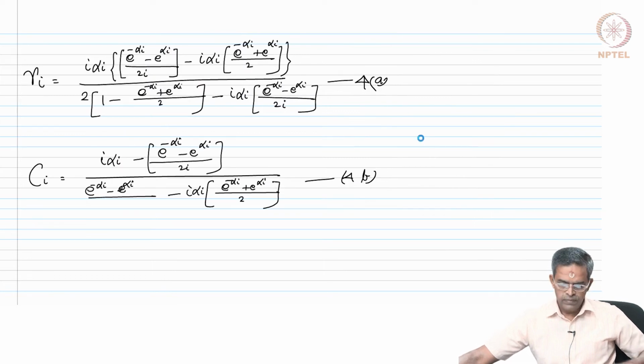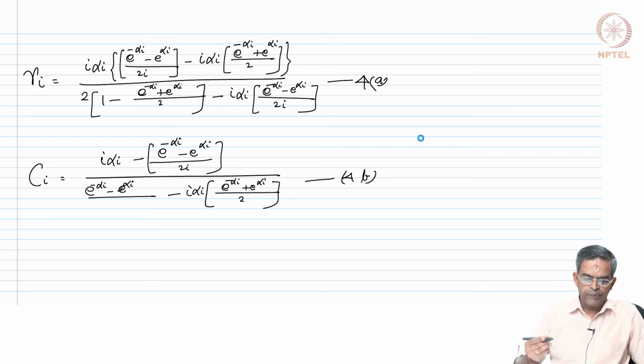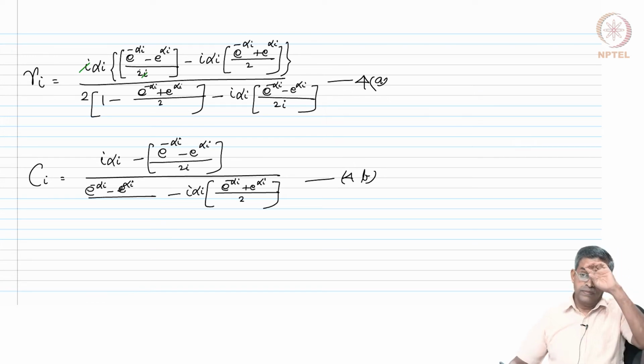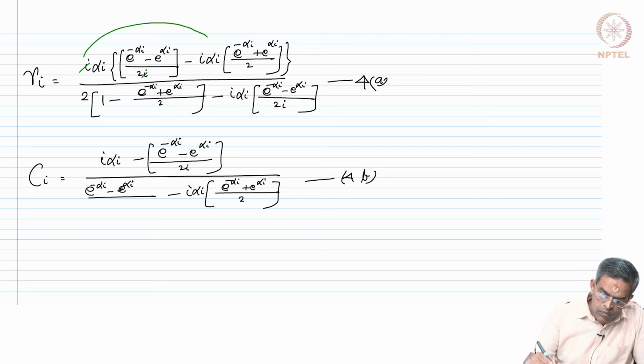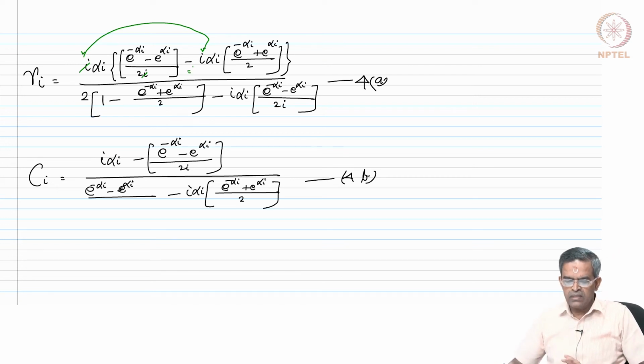Let us do this simplification. How? Let us say this I and this I get cancelled, and this I with this becomes minus 1 and that with this becomes plus. So, these are the changes I am going to expect when I write.